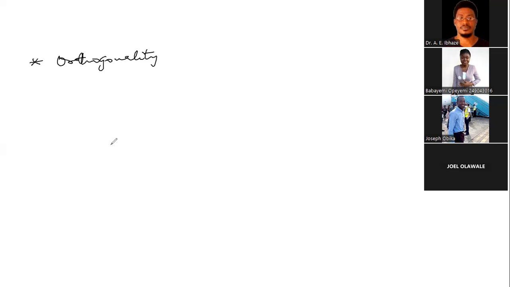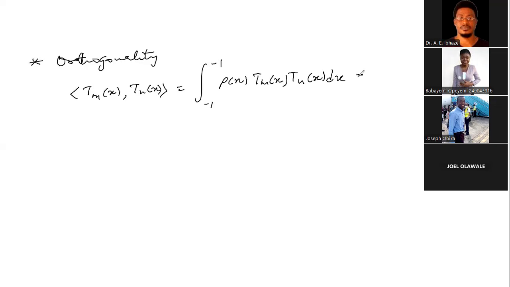So the Chebyshev polynomial satisfies the orthogonality condition, such that the inner product between two polynomials is the same as taking the integral within the limit of rho of x, Tm of x, Tn of x dx, which should be equal to 0.